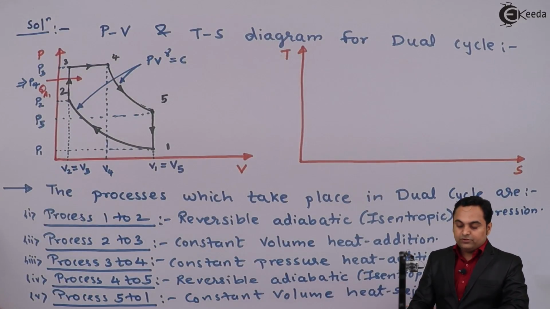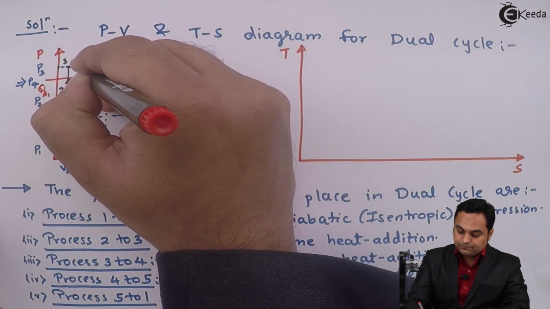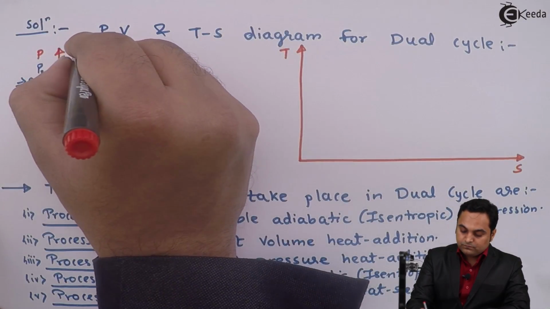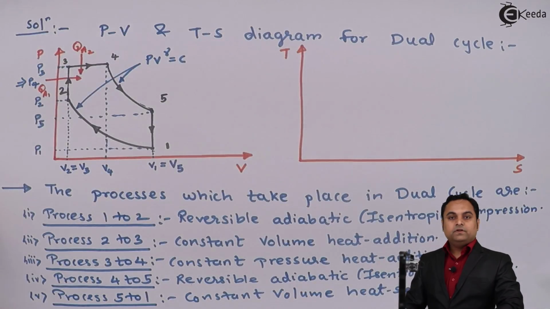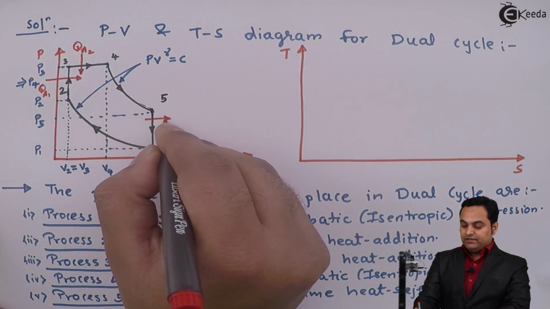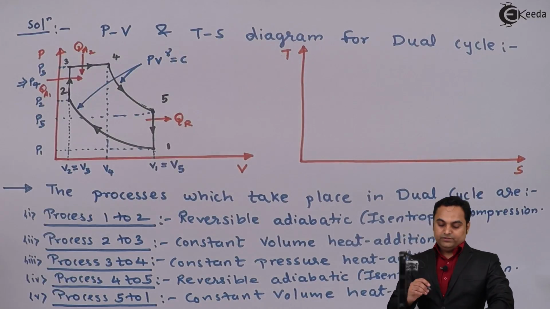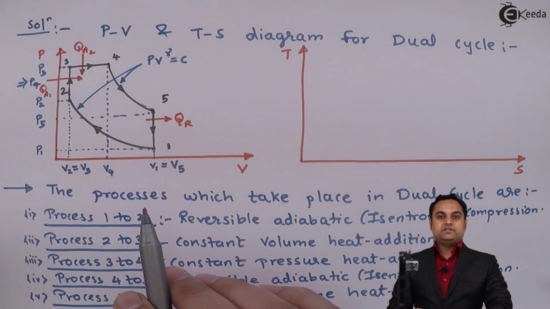During 3 to 4 it is constant pressure heat addition, QA2. Then during 5 to 1 it is heat rejection at constant volume, so that is Q suffix R. So now this is the PV diagram for the dual cycle.